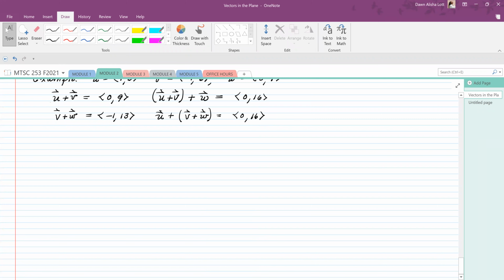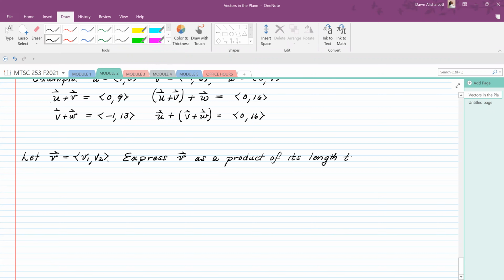So let's let v be the vector v1 and v2. We want to express v as a product of its length times its direction.